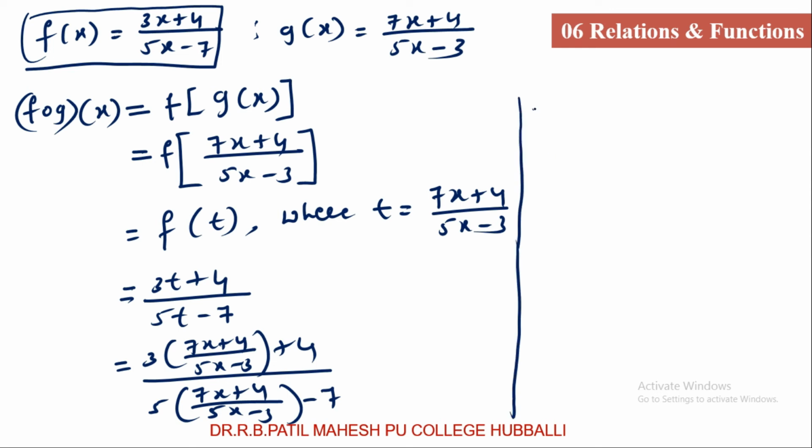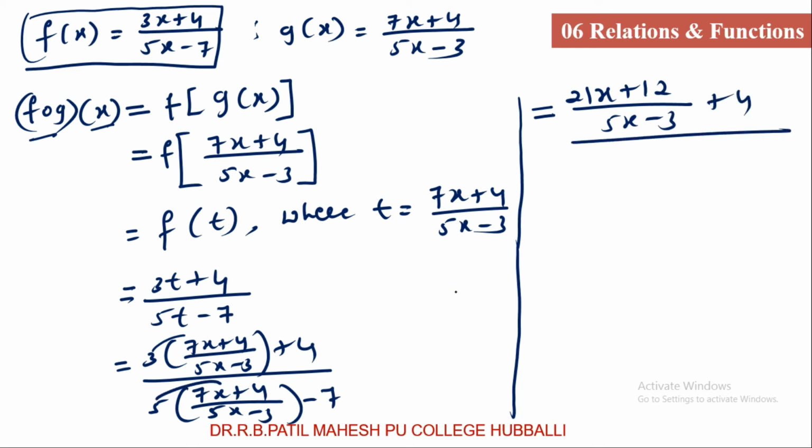Dear students, this means f composition g of x is equal to, multiply 3 to the numerator, 21x plus 12 upon 5x minus 3, plus 4, whole divided by, multiply 5 into the numerator, 35x plus 20 upon 5x minus 3, minus 7. Hope you are aware of fractions simplification.